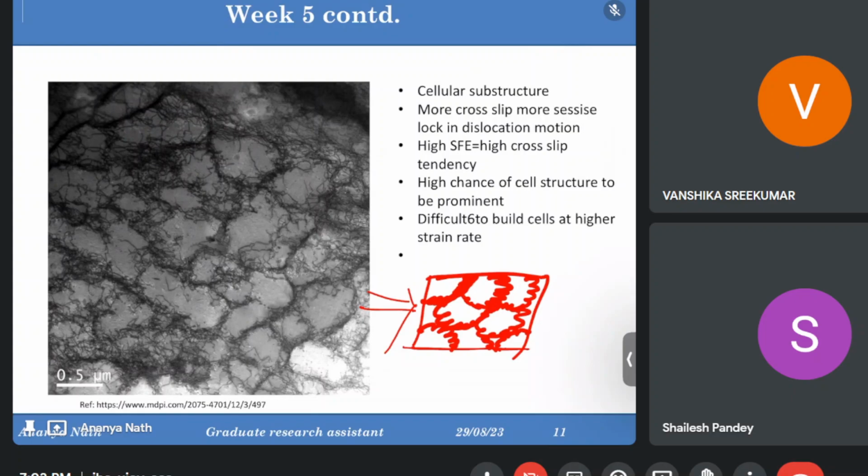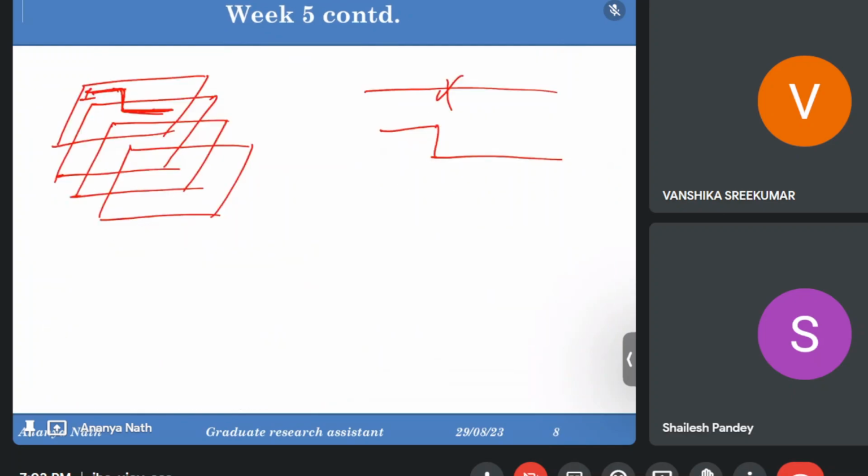The next important thing is the cross slip. Cross slip is also important for this piling up. For heat treatable alloys, if you can remember the aging curve, up to the peak aging or peak hardness, the solute atoms were getting bonded with each other and making precipitates until they reached the equilibrium position.